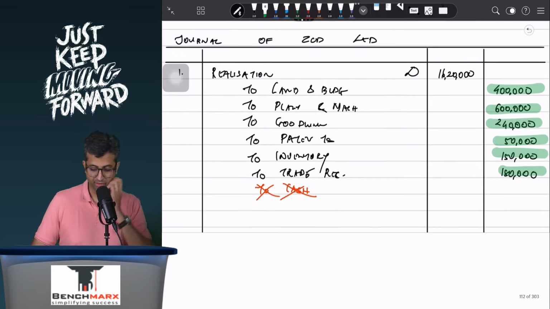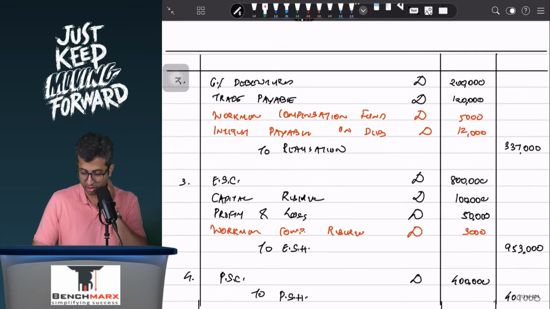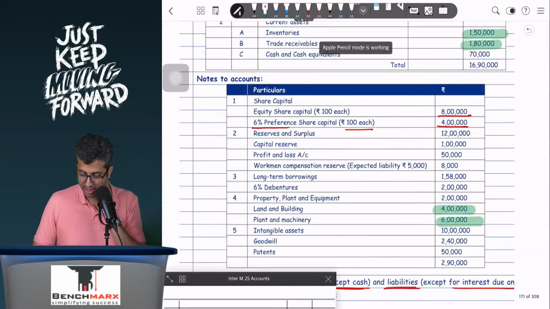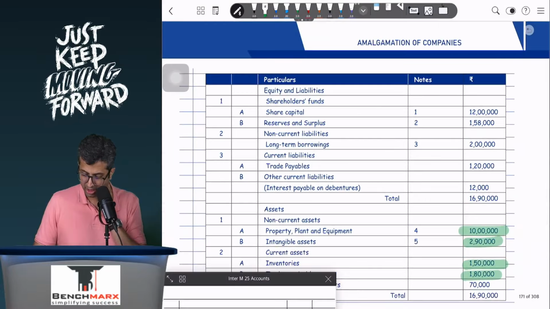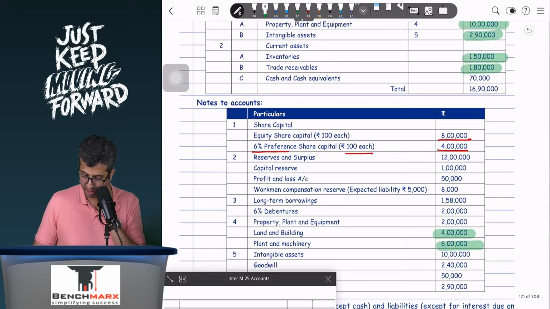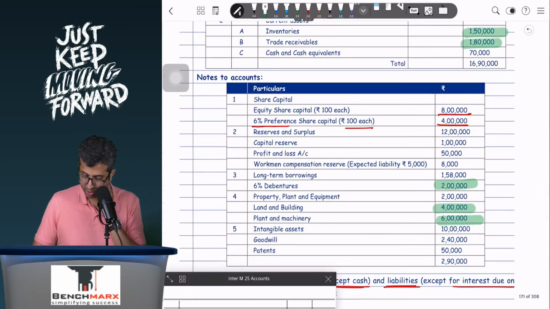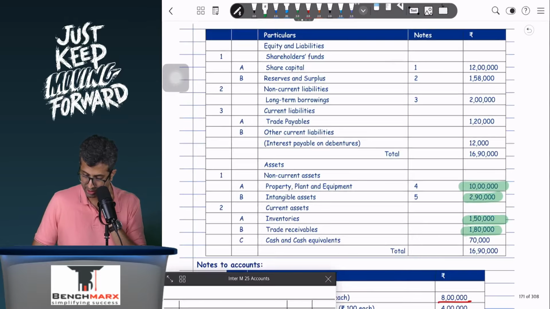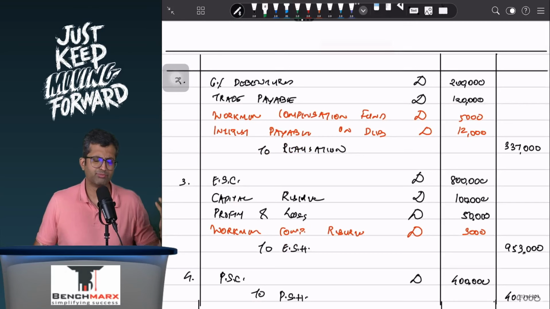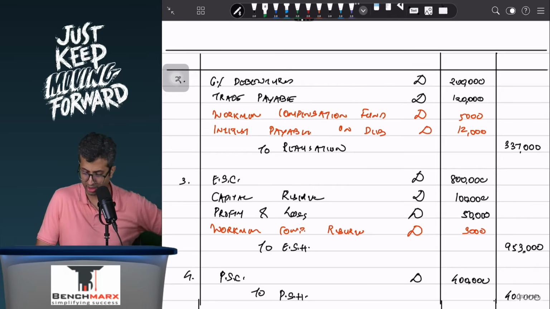In a similar way, you will transfer the liabilities. When you look at the liabilities, what all is there? There are 2 lakh worth of debentures, trade payables, and other current liabilities includes interest payable. You can either settle interest payable directly or transfer it to realization and then settle it. So 6% debentures, trade payables, workmen's compensation fund, interest payable.